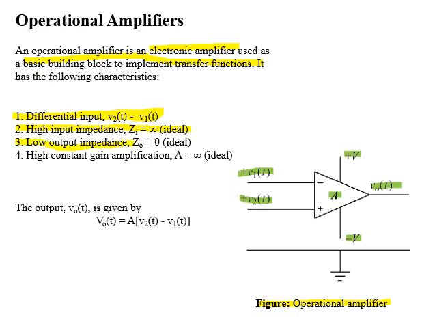A very low output impedance, ideally equivalent to 0, and a high constant gain of amplification A, which is also equal to infinity in the ideal case. The output of operational amplifier is given by gain of the amplifier A and differential input V2 of t minus V1 of t.